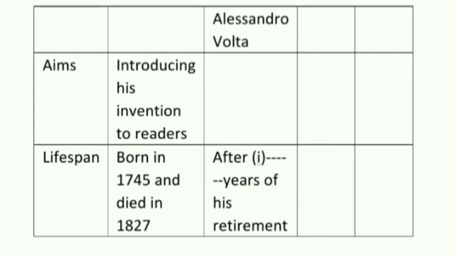That means born in 1745 and died in 1827 after dash years of his retirement. How many years after getting retirement did he die? Who can say? You have to count here. Yes, it's 8 years. After 8 years of his retirement, he died.